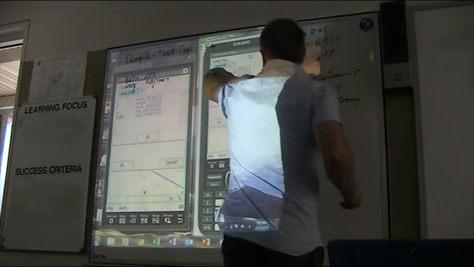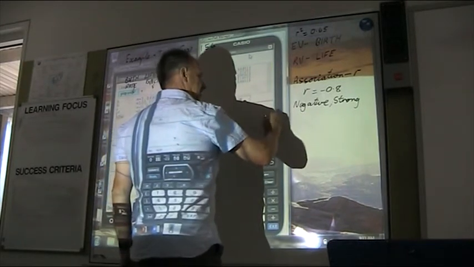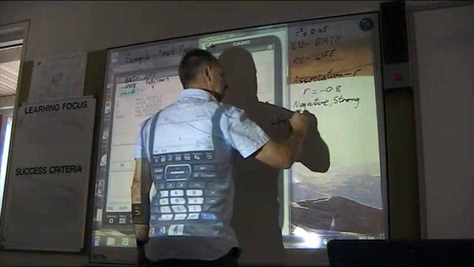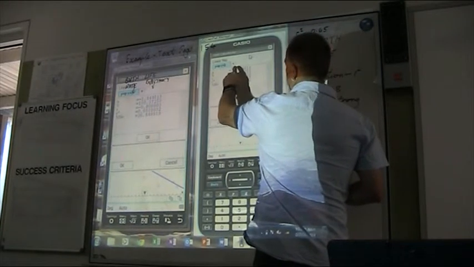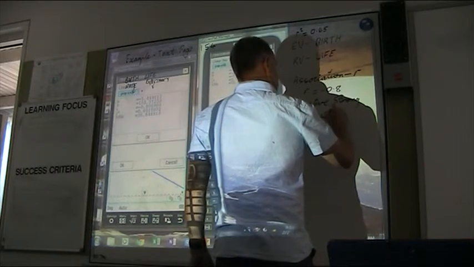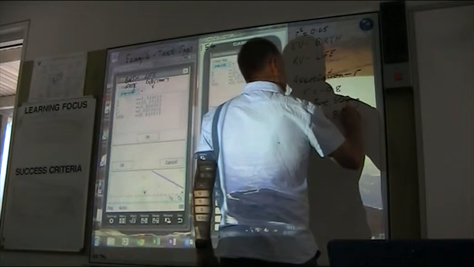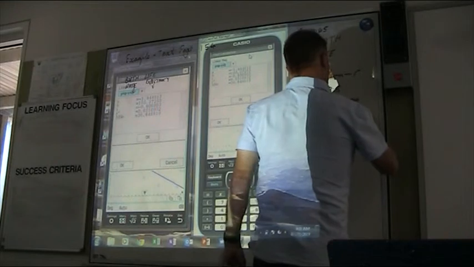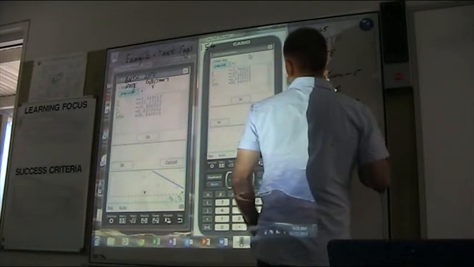So Y, well, Y is our life expectancy. So we would write that life expectancy equals what? Equals the A. So the A is -1.44 times the birth rate plus B, and B is 105.372.